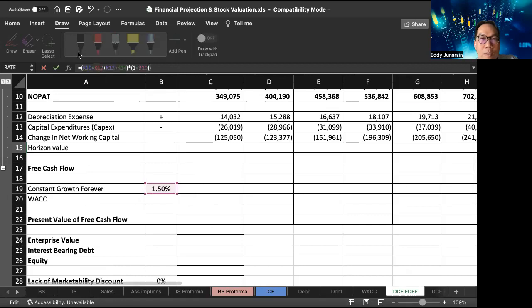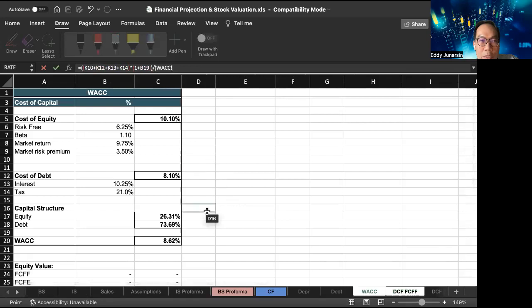Okay. Divided by, what's the cost of capital? Cost of capital is this one. Cost of capital is 8.62.